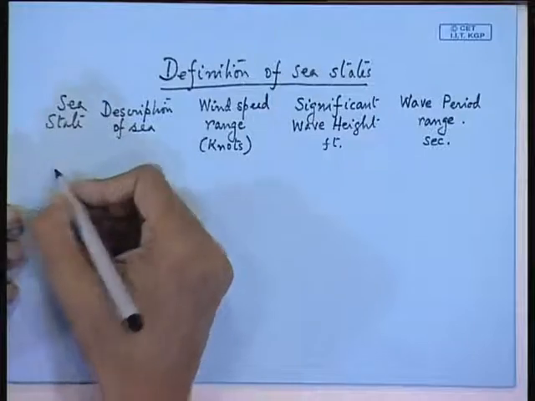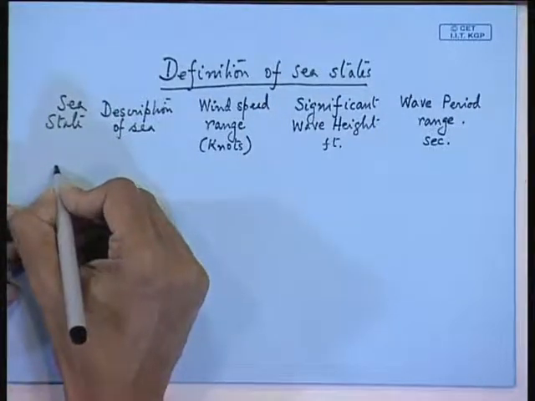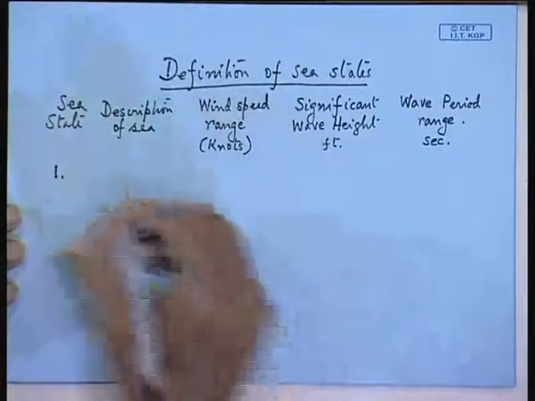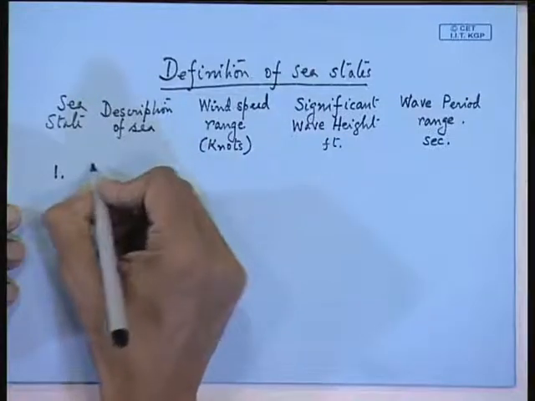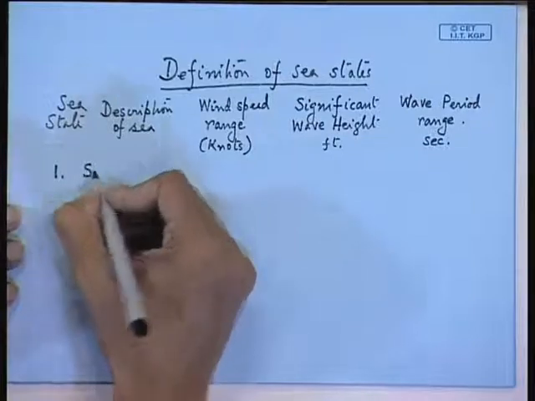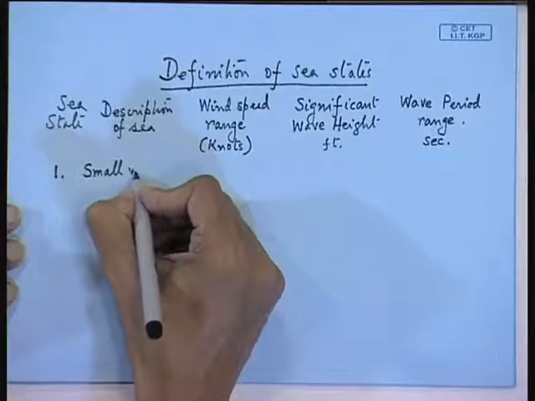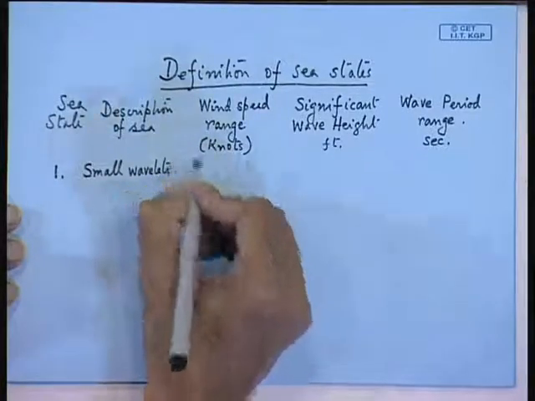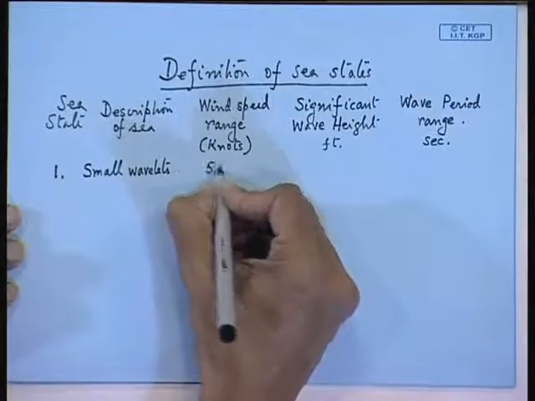So, sea state 1 is the least of the waves. Here you will get small wavelets. Wind speed is 5 to 10 knots.